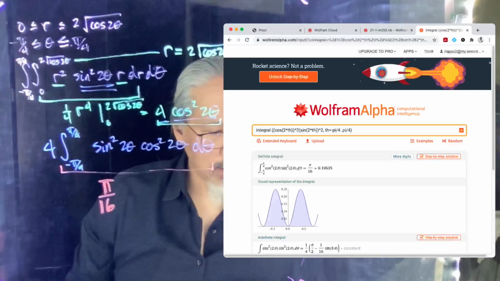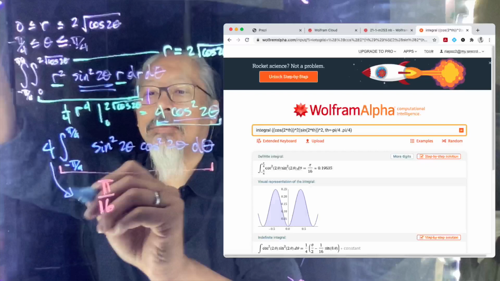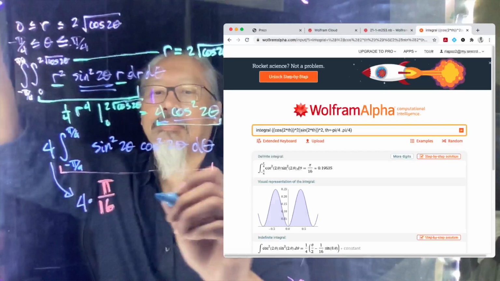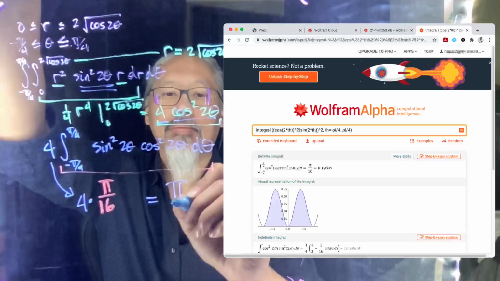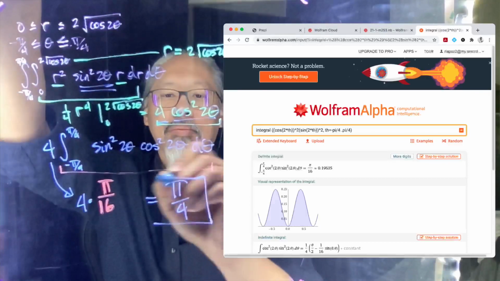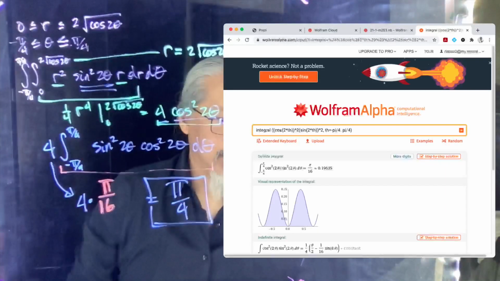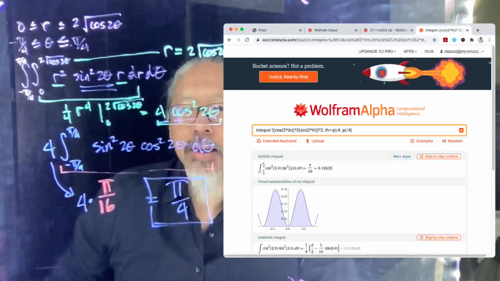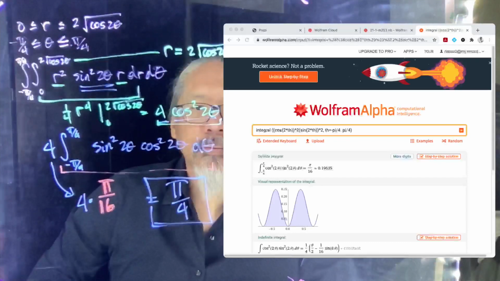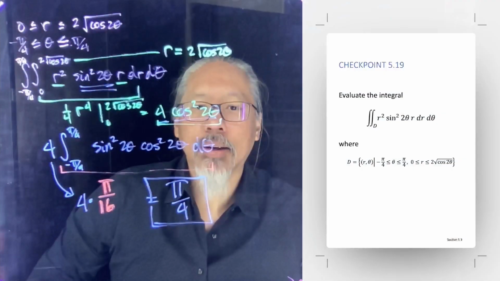And then we also have that 4 that we're multiplying by, so the total is just going to be pi over 4. Okay, so that's your result. I think that's it. I hope that helps.